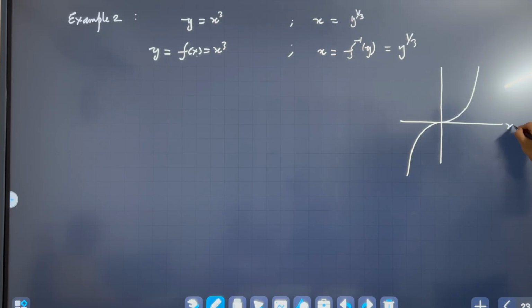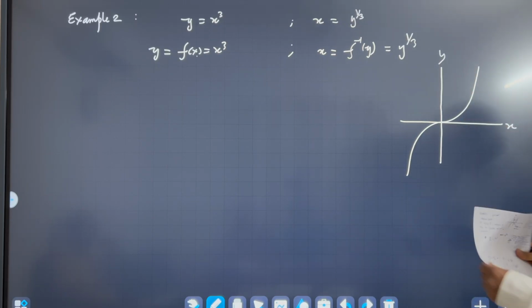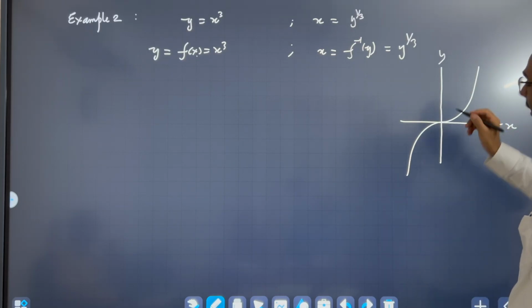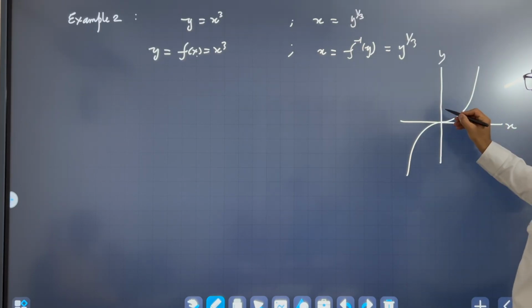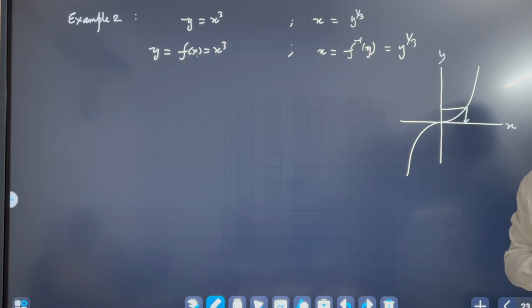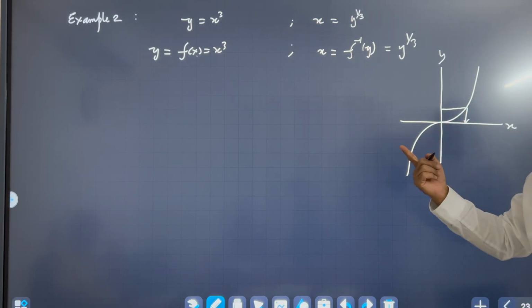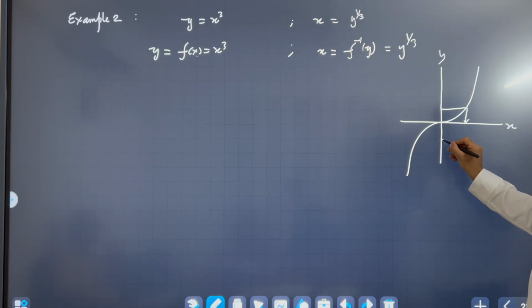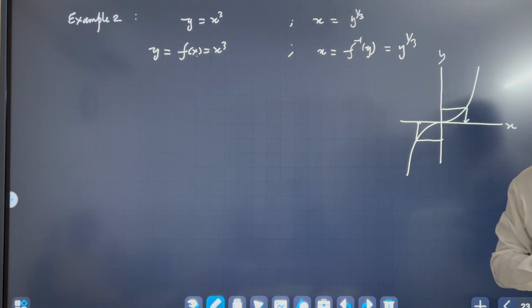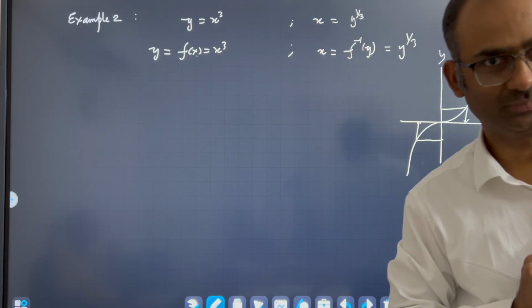Now see, for a given value of x, you can find the value of y. But now, for a given value of y, I have only this value of x. There are no 2 possibilities or 3 possibilities. For a given value of y, let's say take this one, that's the value of x. So this time I don't have that problem. So clearly the inverse exists.